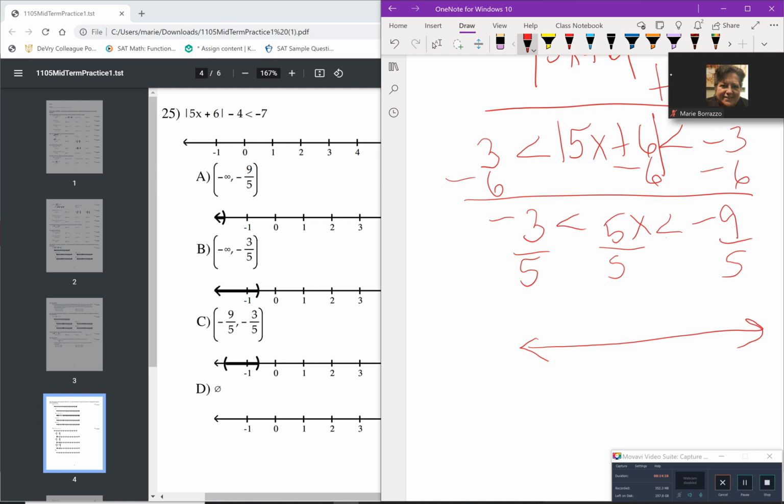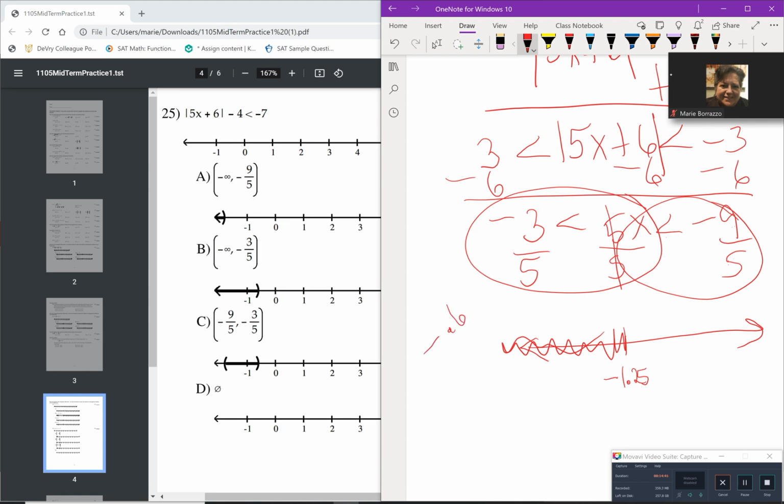So let's say negative 9/5, so negative 1 and 4/5, which is negative 1.8. X is a number less than that. That's what this is implying on this side. On this side, it's saying x is greater than negative 3/5, which is negative 0.6.